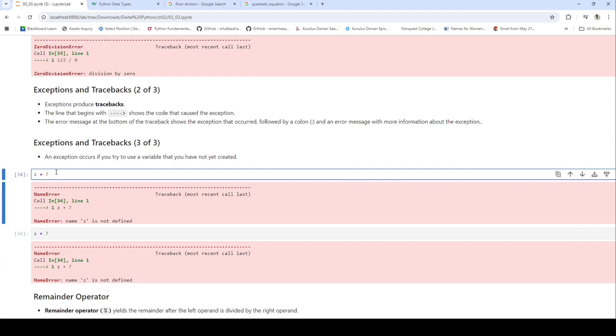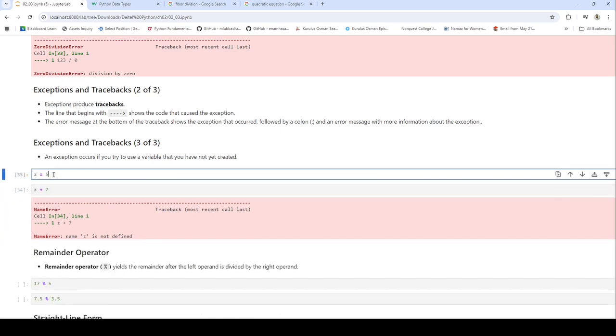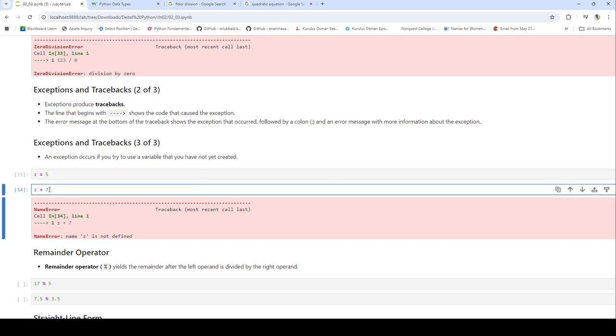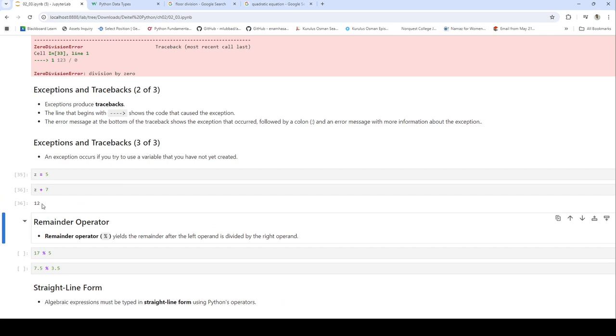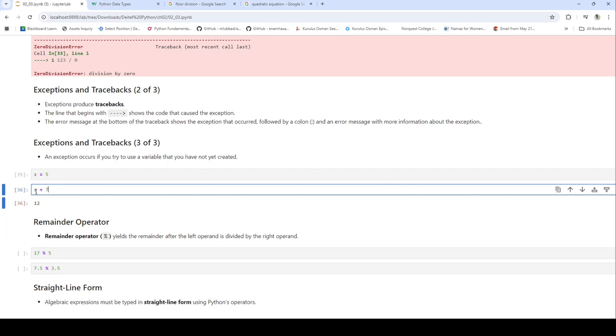For example, this time if I assign a value 5 to z and initialize it, a variable with the name z now exists in the computer memory holding a value 5. Now, if I want to add 7 to it, Python will not complain because z does exist.